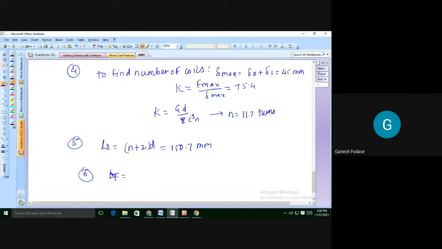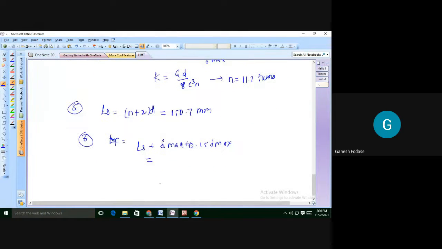Finally, get value of free length. So LF is equal to, we can write directly, LS, that is solid length, plus maximum deflection, delta max, plus total clearance. We assume clearance is 15%, so it is 0.15 times delta max. By putting all this value, we get value of LF. And along with this also, we can find out pitch of the coil.